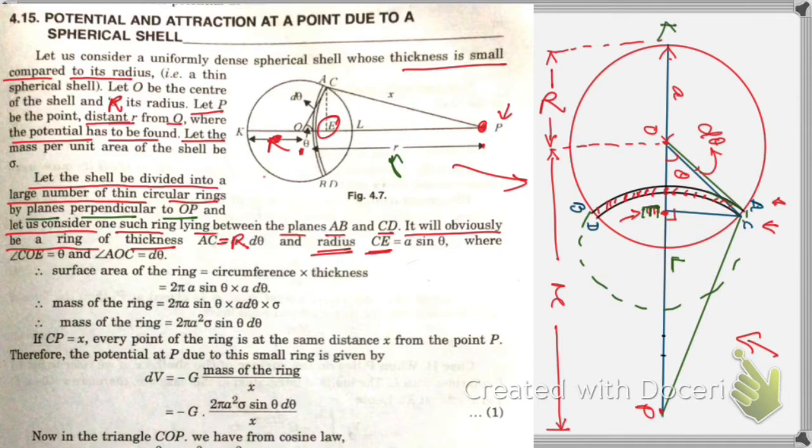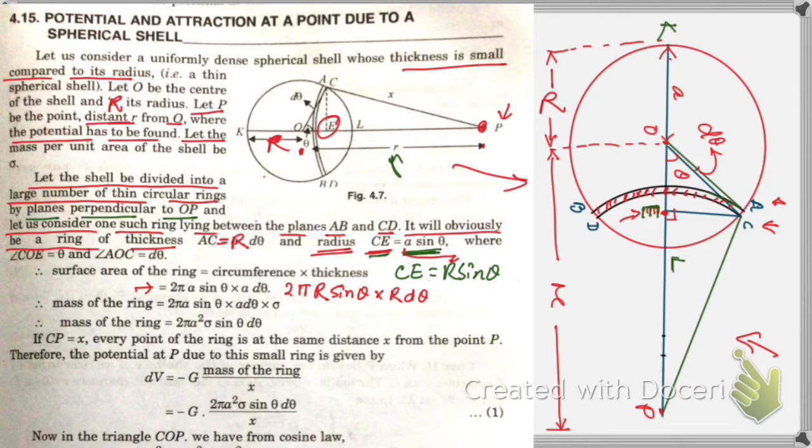Then CE will be given by, though here it is written a sine theta, rather than writing that, write CE as R sine theta. Just replace the small a by capital R. In each and every term where you have small a, just replace it by capital R. So here, if you see this result, you have 2 pi a; instead of a, write capital R sine theta cross R d theta, right?